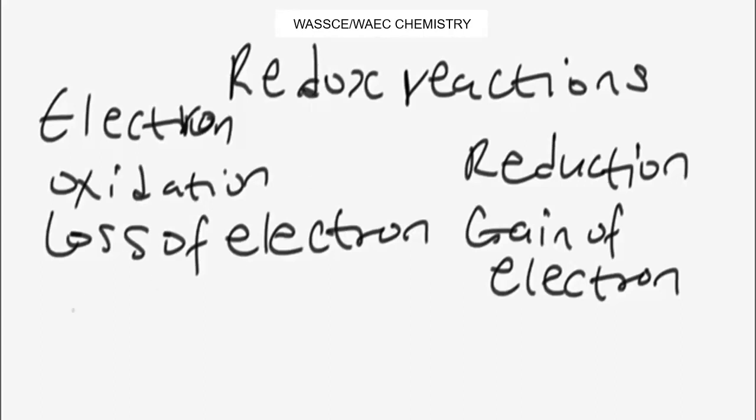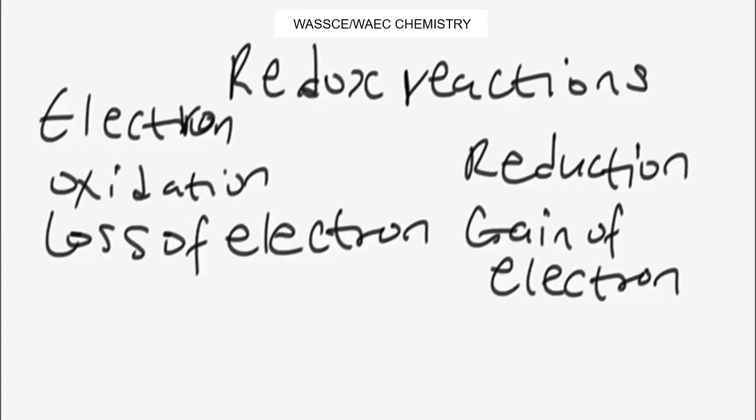Now let's look at a simple example of what's happening in redox reaction. Let's look at how an atom is oxidized to form an ion and how an ion is reduced to form an atom.